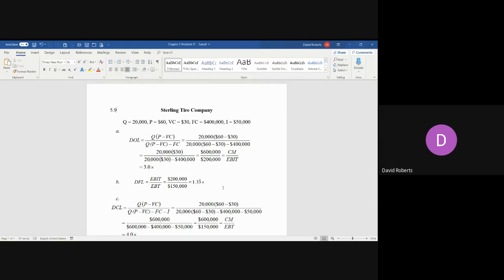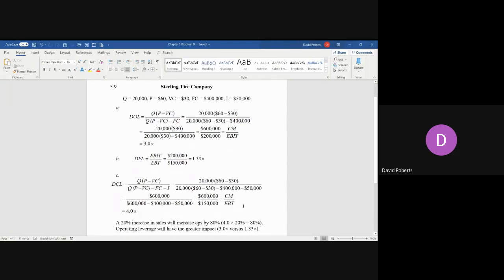So you wind up with a degree of operating leverage of 3 to 1. So for every dollar change in sales, it will have a $3 change in profitability, which is the contribution margin.